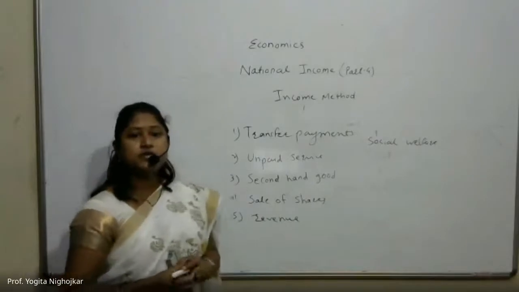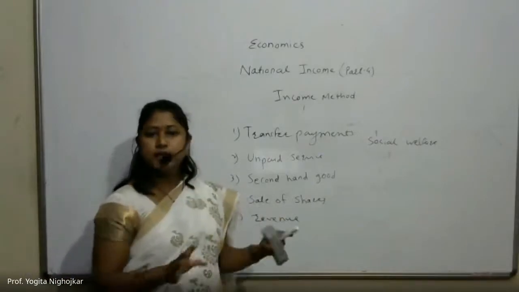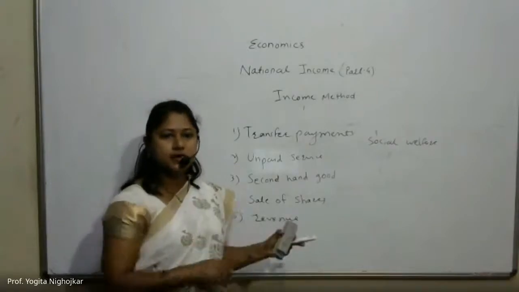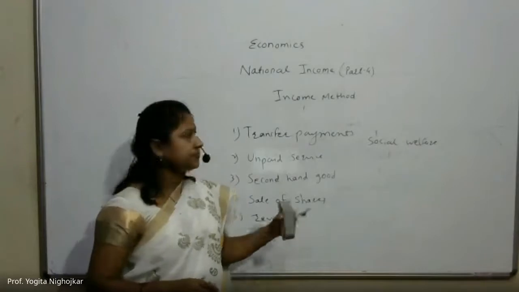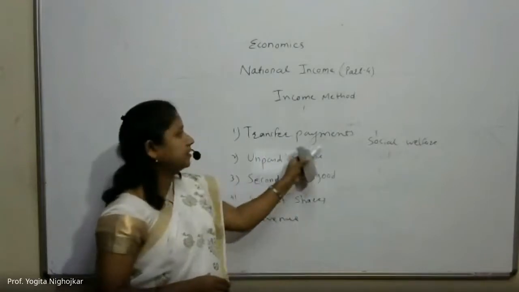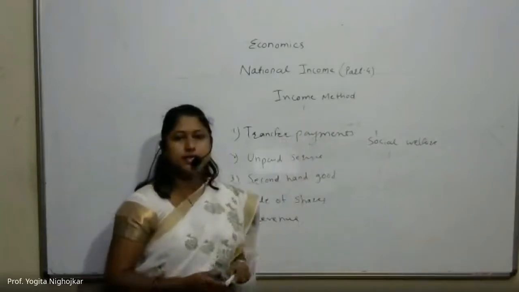Revenue received by the government through direct taxes, right, should be ignored. It means all taxes received by the government are compulsory transfer payments. They are not to be included in the estimation of national income.